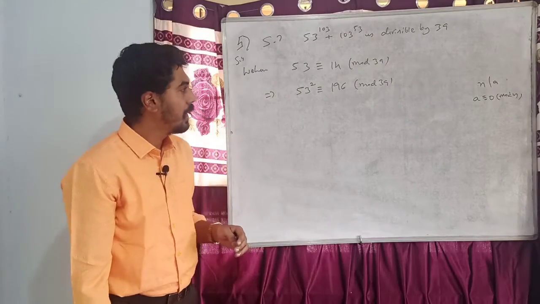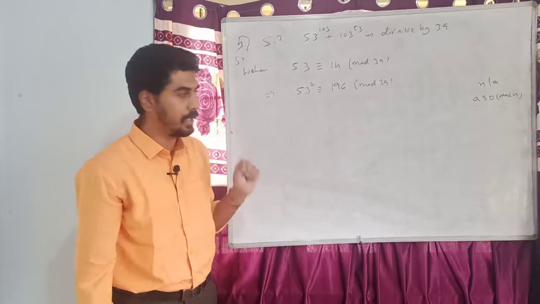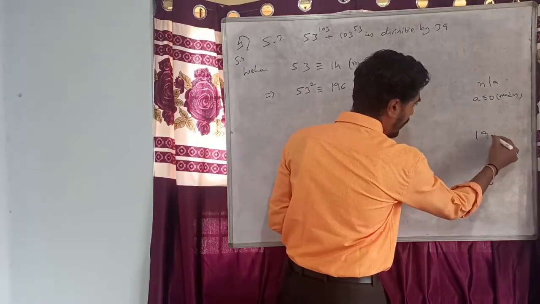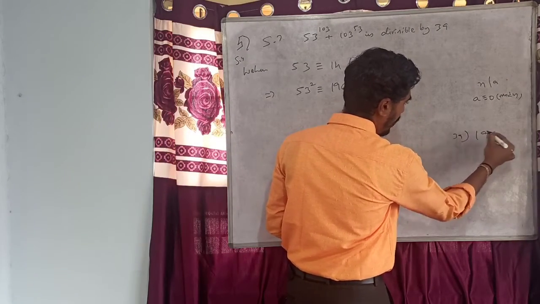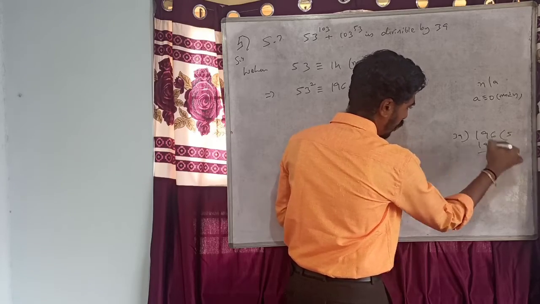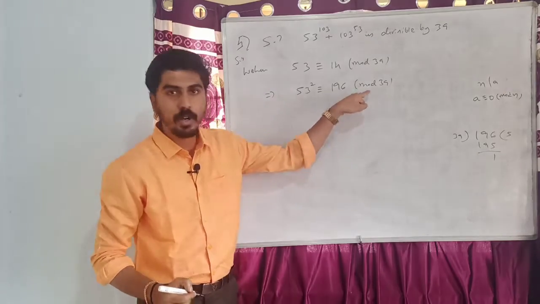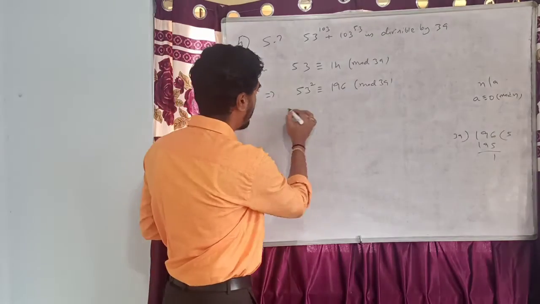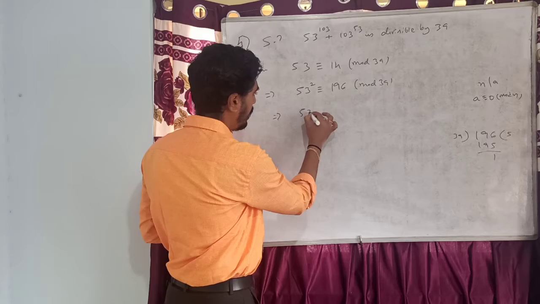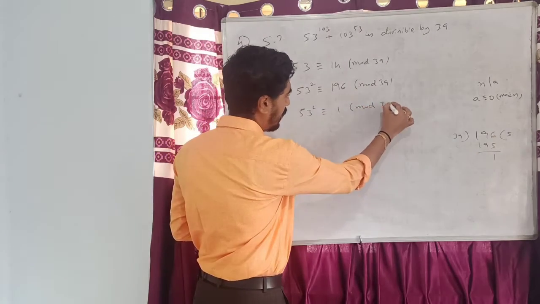Okay. So let us find the remainder when 196 is divided by 39. When I divide 196 by 39, I get the remainder as 1. So 196 is congruent to 1 modulo 39. So we have 53 square is congruent to 1 modulo 39.